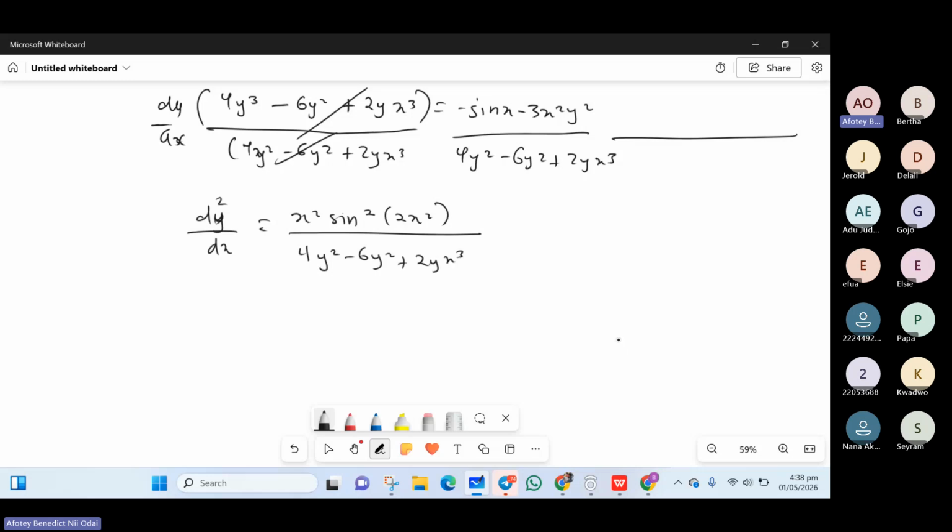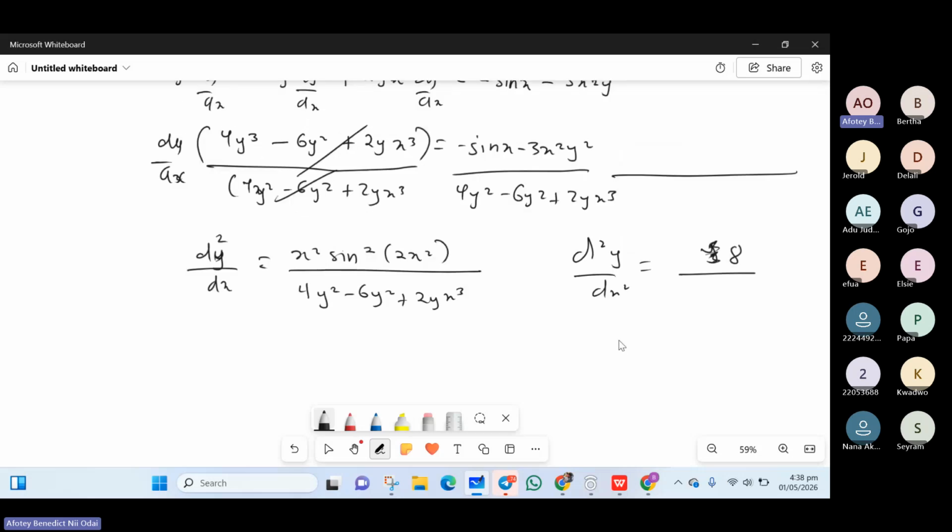Now, the question said, show that the second derivative of y on the x is equal to, no, it wasn't equal to y. It's equal to, yes, 4y cubed minus 6y squared plus 2yx cubed.